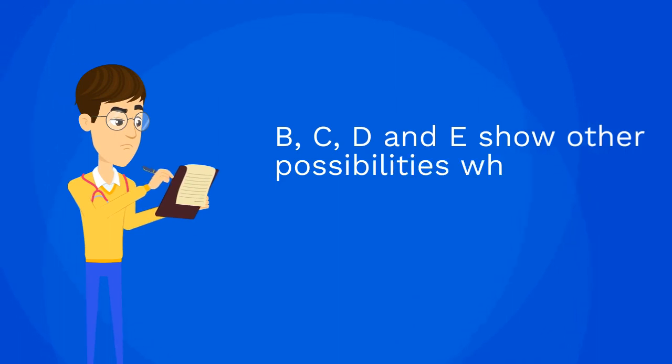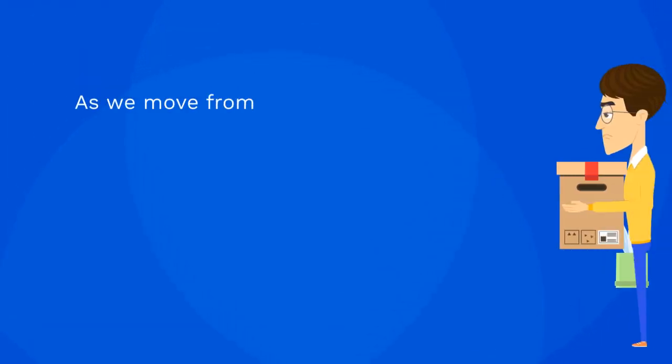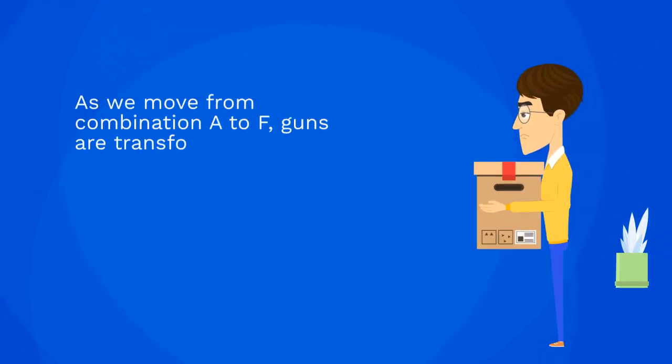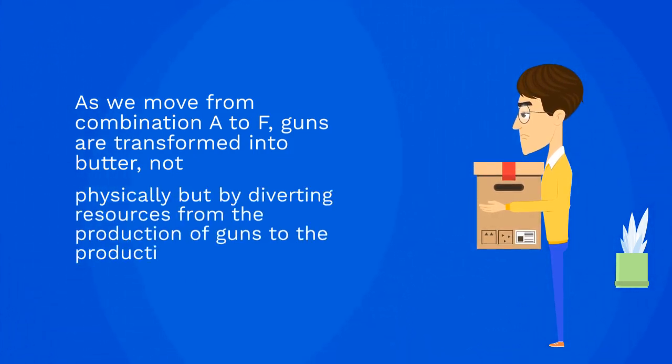B, C, D and E show other possibilities where both butter and guns are produced. As we move from combination A to F, guns are transformed into butter, not physically but by diverting resources from the production of guns to the production of butter.